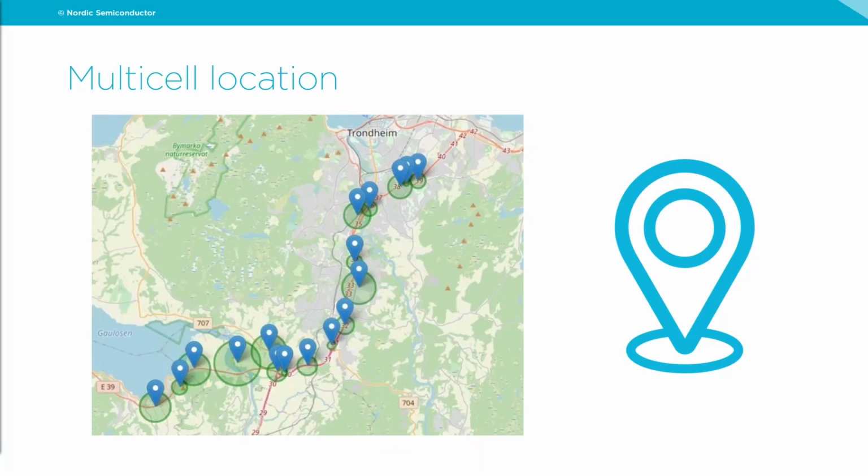You cannot really get street level meter accuracy, but you can expect around 300 meter plus accuracy. And you don't even have to turn on the GPS at all to get this location.